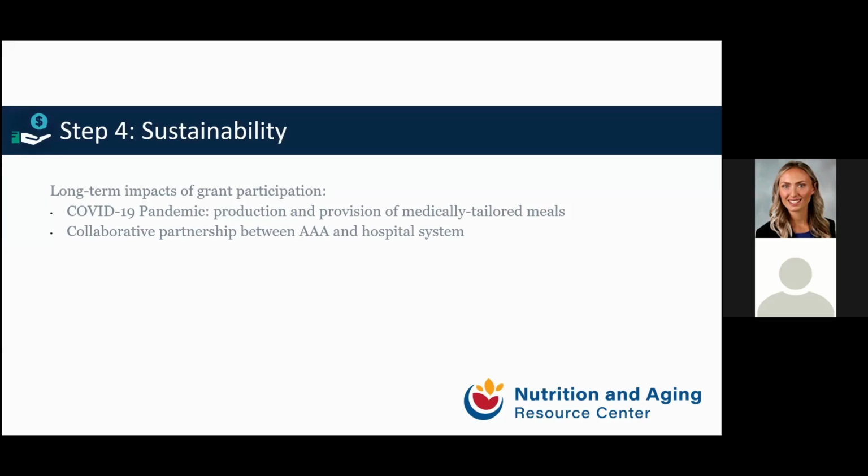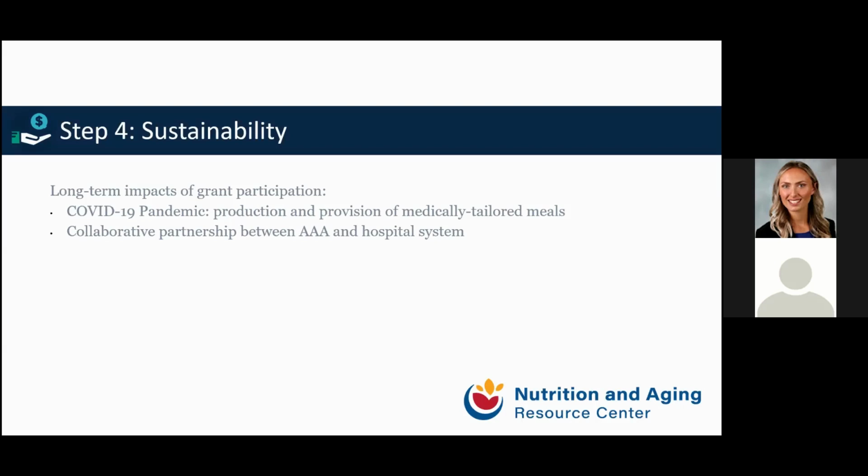The second thing that came out was a collaborative partnership between one of the AAAs, which is Carroll County in our area, and the hospital system. We got them introduced to each other and to highlight the services that the area agency provided. The hospital system was interested. In the first 6 months, they were just looking at seeing how they could work this.